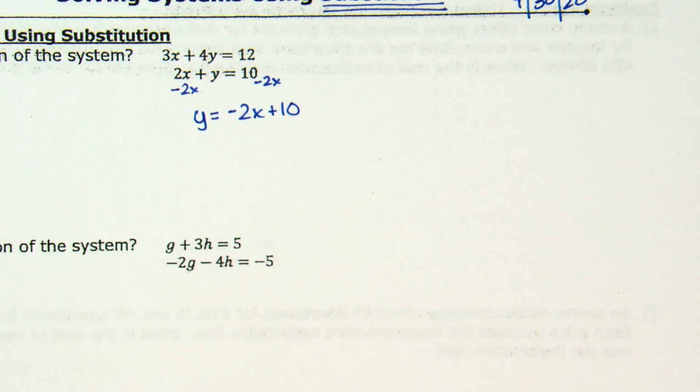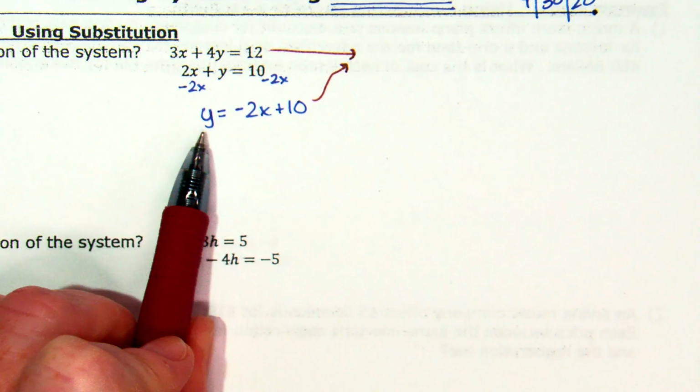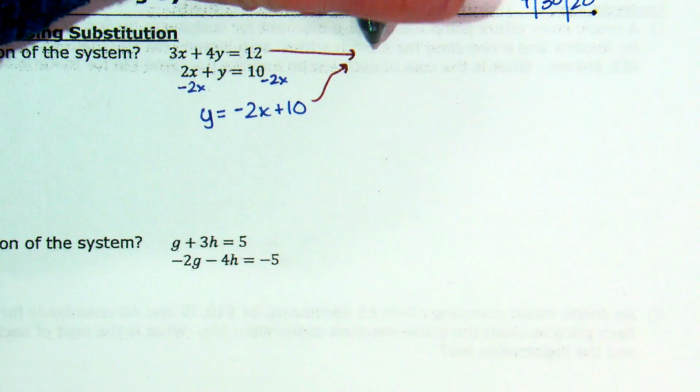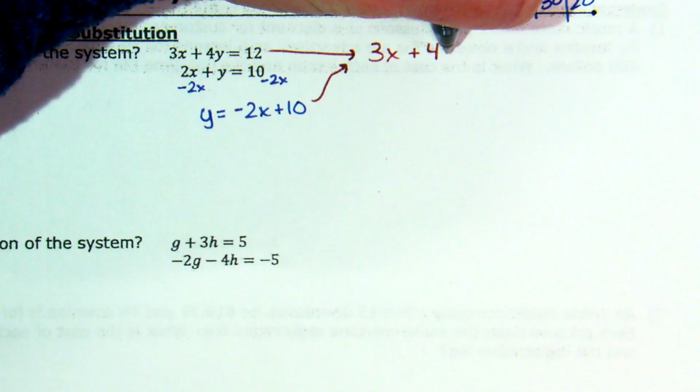Okay, we're going to take this what y equals and plug it in to the first equation. So we're going to use this first equation up here, and we're going to plug it in. Every place I see a y, I'm going to replace it with negative 2x plus 10. So my equation is 3x plus 4y equals 12.